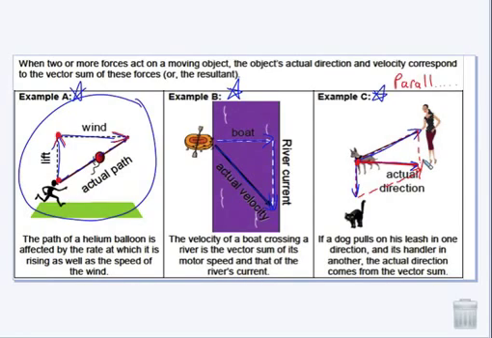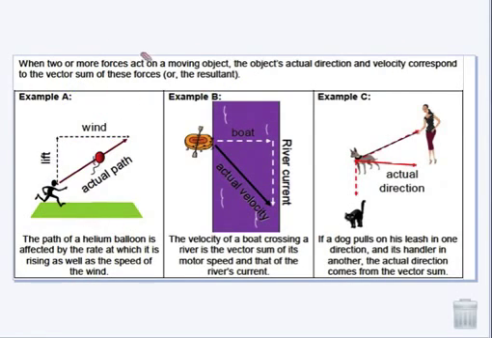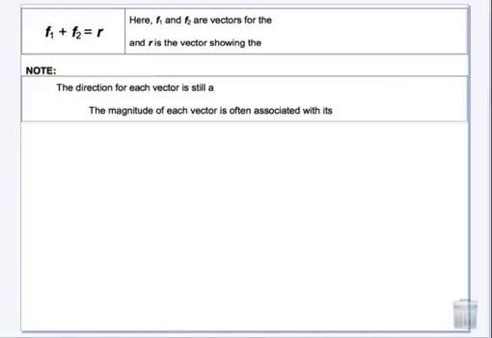So example C is an example where both vectors are starting at the same origin. Example A and B are your tail-to-tip examples. Okay? Either way, whether you're doing parallelogram or tail-to-tip, all those vector formulas that we've covered so far still apply.